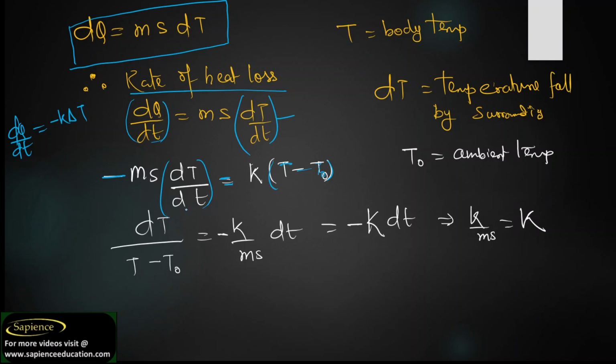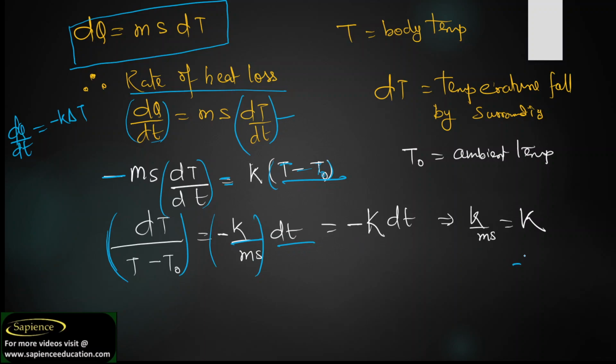Now just rearrange the equation so that we get dT by (T minus T naught) is equal to minus K by m s into dt, that is the time.